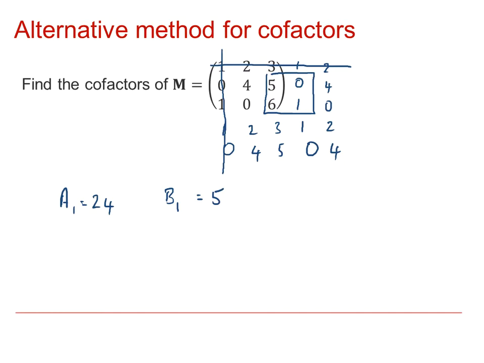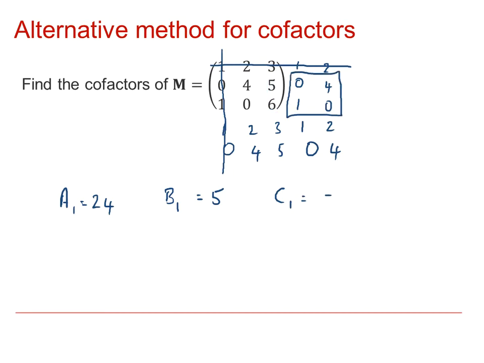Notice that the signs that we had to deal with in the previous slides are handled automatically by this method. So B1 is just the determinant of that little block there. C1, we can move along again. So C1 is negative 4.